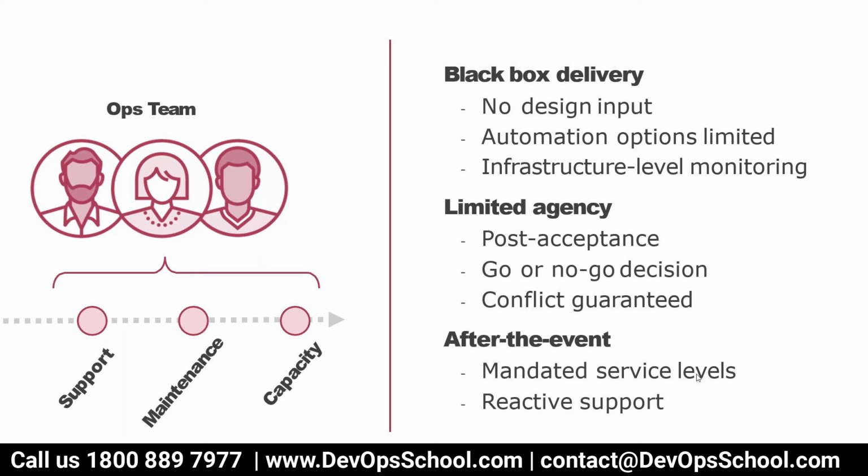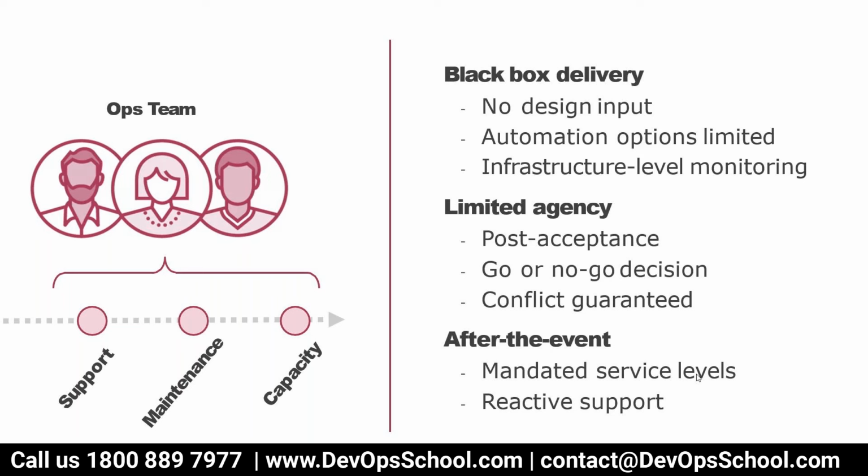Infrastructure level monitoring you have, but there are so many kinds of monitoring, right? For example, observability, infra monitoring, log monitoring, APM monitoring, synthetic monitoring, RUM monitoring. All these are a black area for the ops team. At the same time, upstream has limited agency.